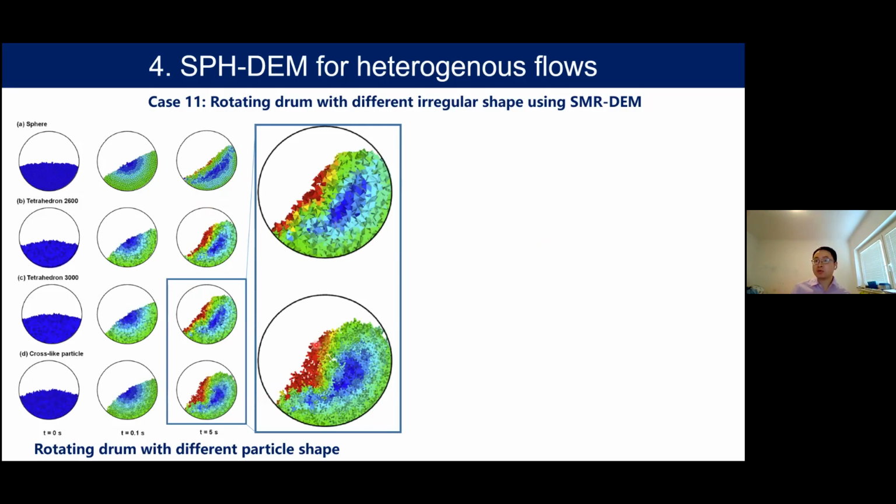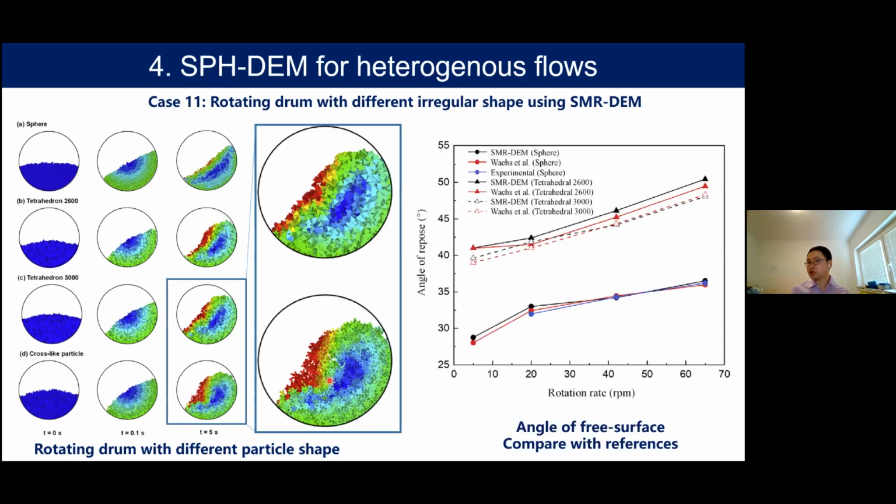The slope angle of the cross-shaped particles is much larger than in the other cases because the interlocking in this particle shape is much stronger. We also compare the simulation results with experiments and other numerical simulations, and the agreement is quite satisfactory.